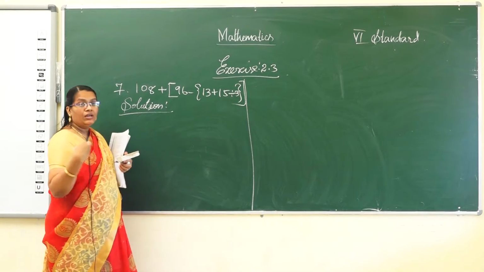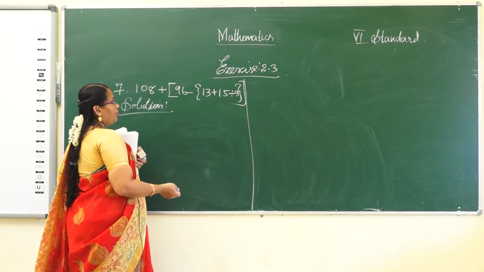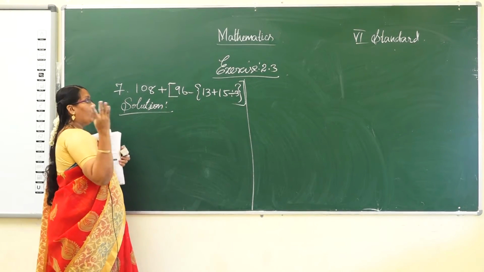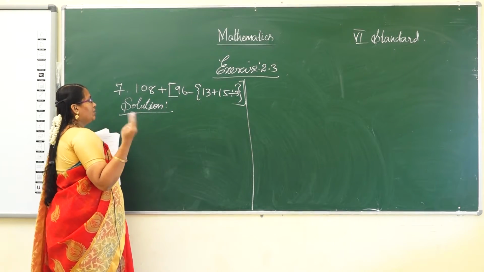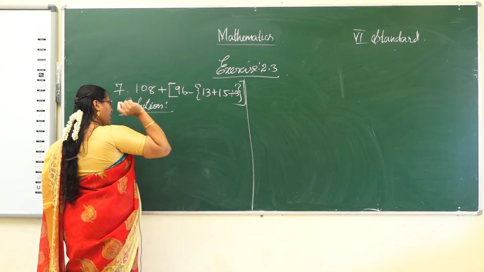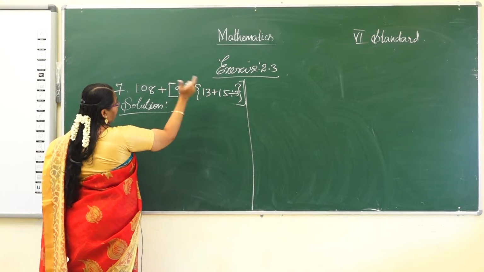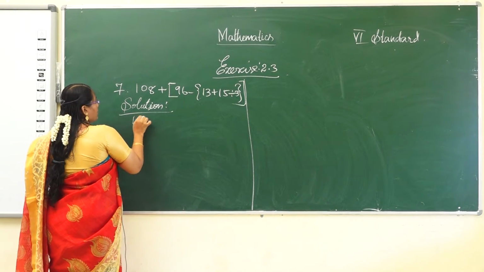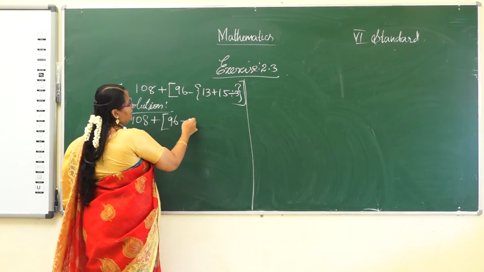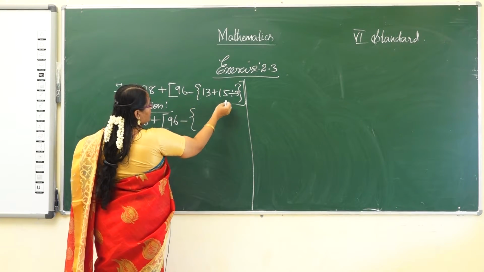So first refer to the brackets. So in brackets, first refer to the curly bracket. The final one is the big bracket, as the 4th one of the options. So 108 plus the square bracket 96 minus the curly bracket of, simplify in between.